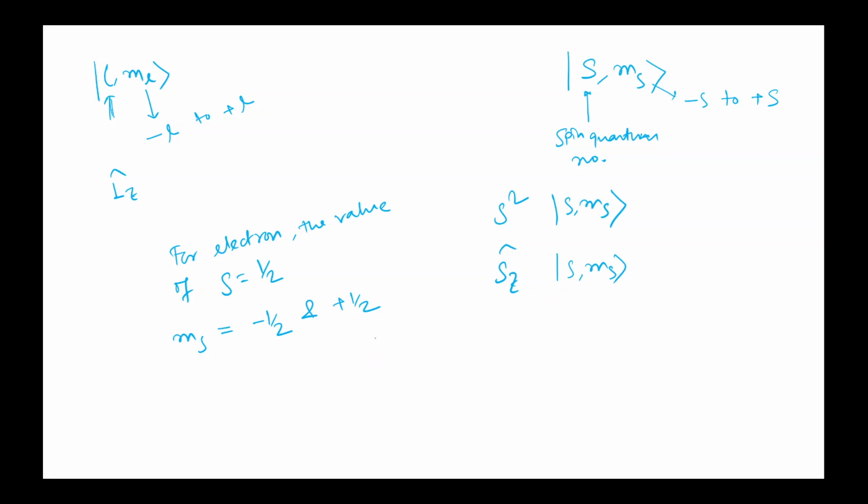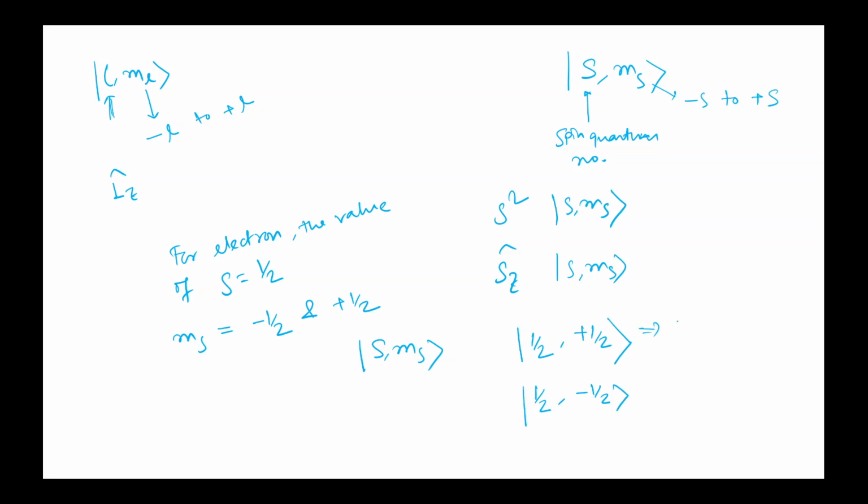Just like |s, ms>, you write these two states as |1/2, 1/2> and |1/2, -1/2>.